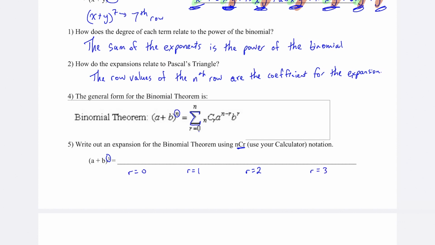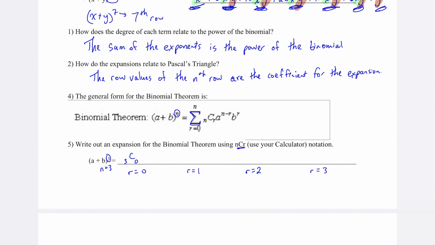So r equals 0. The n we have right here is 3, so we do 3 choose 0. That's using this part of the binomial theorem. We're choosing 0 because that is what we're testing right now.